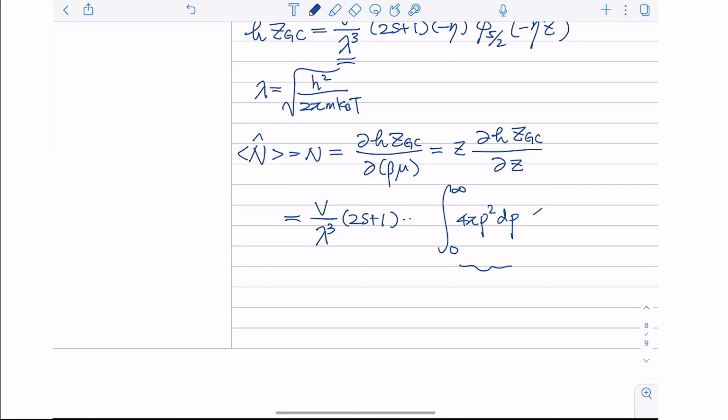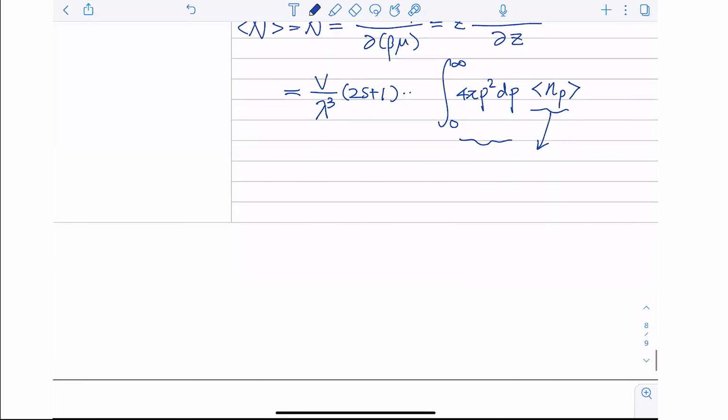But there's a function that's like you are averaging over the occupation number for each mode p. And this occupation number average will be different for bosons and fermions.